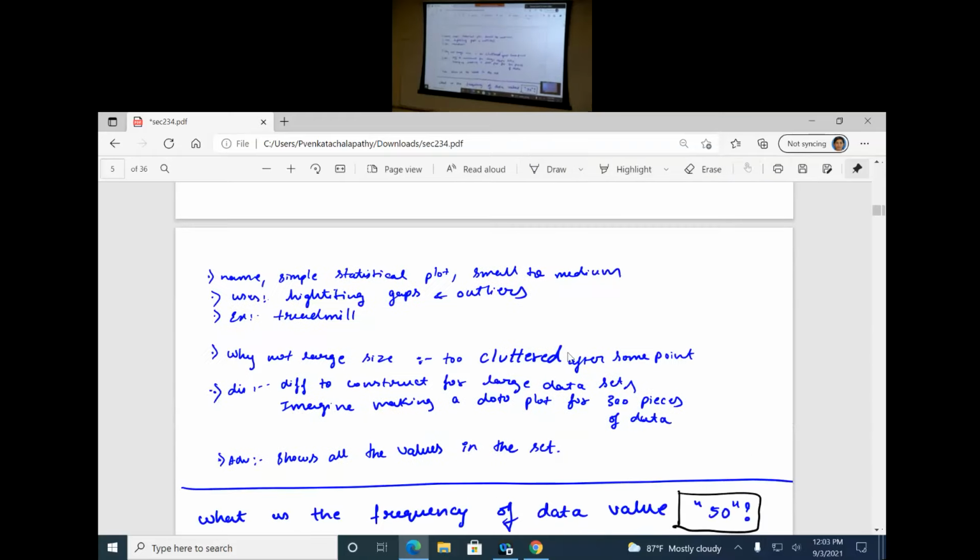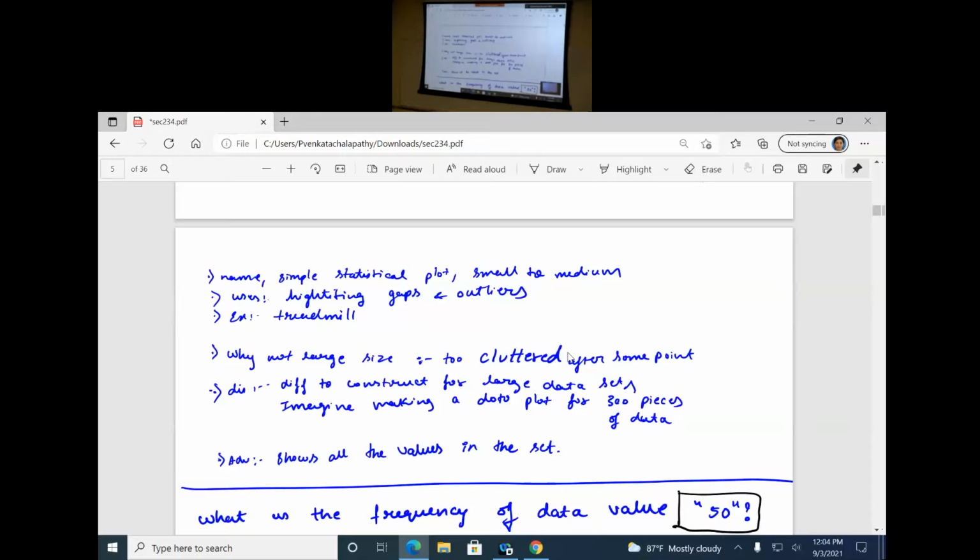Now, where do we use this? So applications is in many fields. It can be in business, stock market, or even in financial, etc. Now, what is the purpose of dot plot? The thing is, this dot plot is very good at highlighting the gaps or outliers. So what is outliers?